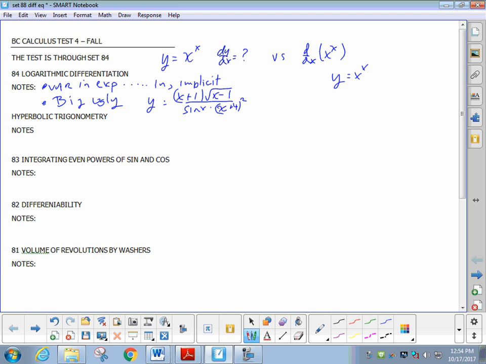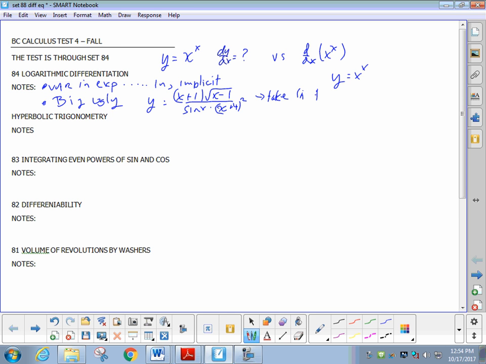Oh, that would be terrible. And on a test where the time is limited, would not seeing this as a log problem be very costly? Yes, it would. You just lost 5 minutes. Okay? Instead, you take the log of both sides. The purpose being what? Why does that help you?